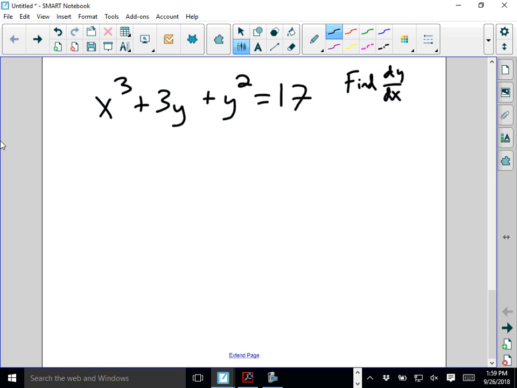So let's start with the derivative of x cubed. That's going to be very simple. It's going to be 3x squared. What about the derivative of 3y? Well, we're going to do that derivative normally. The derivative of 3y would be 3. I just have to tack on a dy dx. So this is going to say plus 3 dy dx.